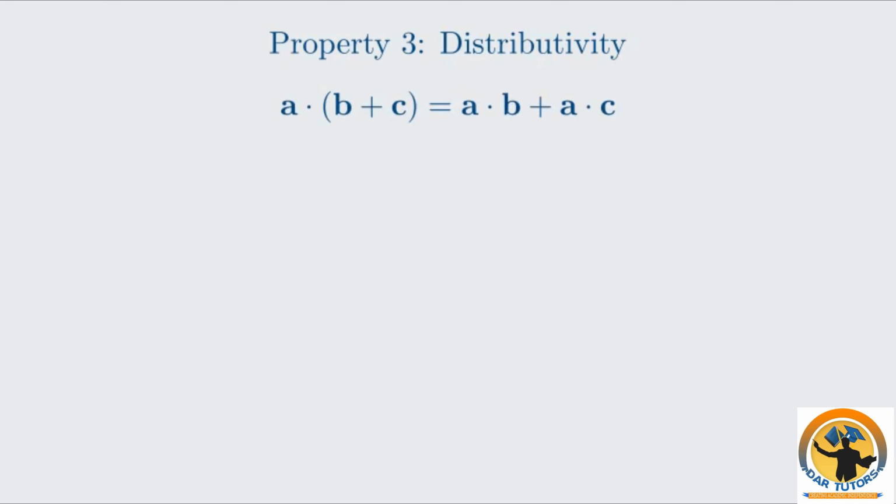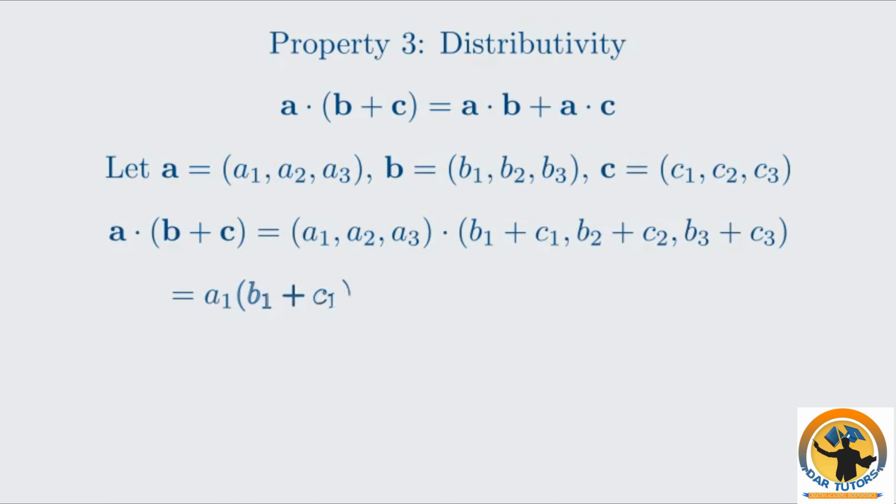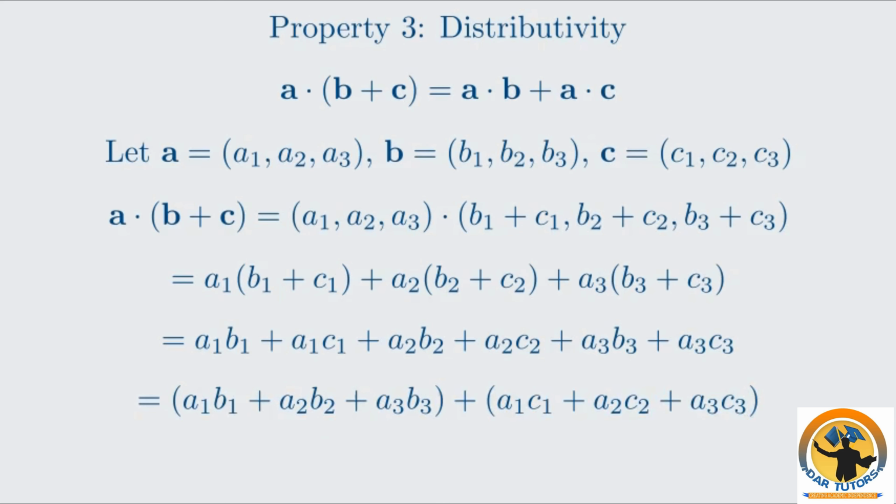Finally, the scalar product is distributive over vector addition. This means A dot the sum of B and C is equal to A dot B plus A dot C. Let's prove this as well. First, we find the vector B plus C. Then we take the scalar product of A with this new vector. This gives us A1 times (B1 + C1) + A2 times (B2 + C2) + A3 times (B3 + C3).